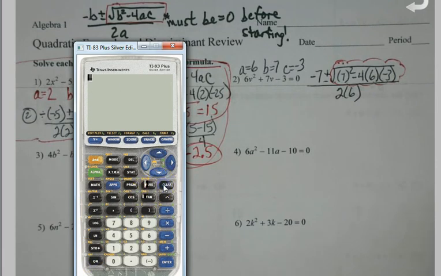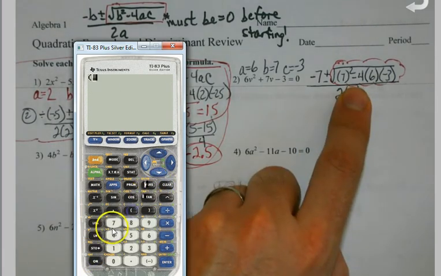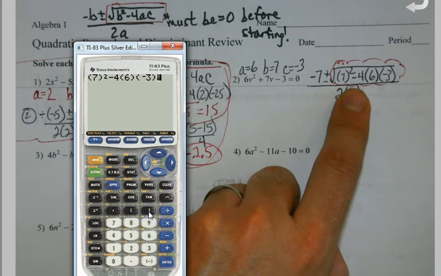So if I did that, again, I'm just going to type in what's underneath the square root. Making sure I type everything in right here.